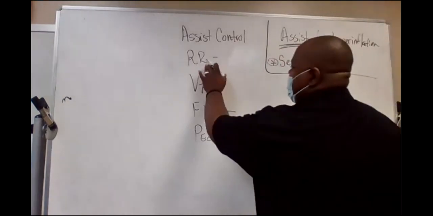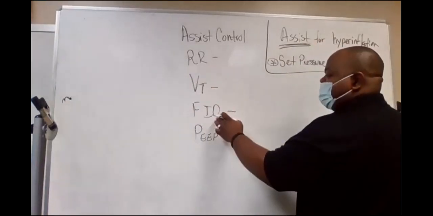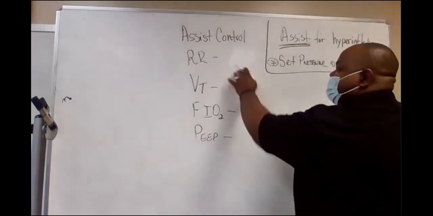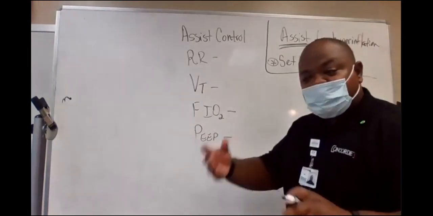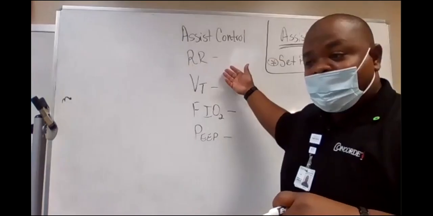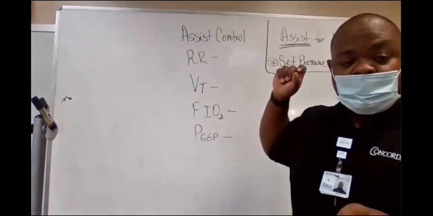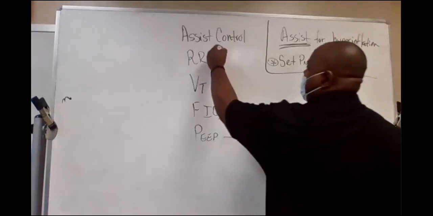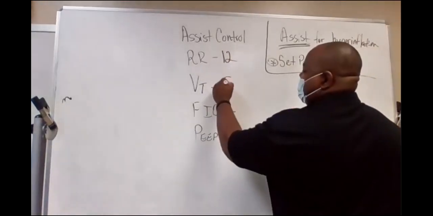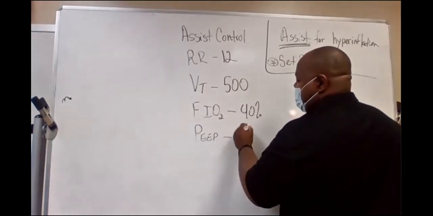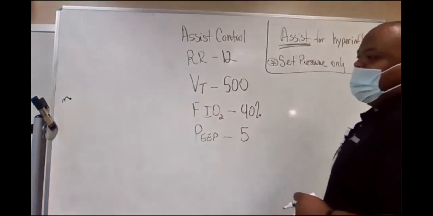So we would give a respiratory rate, tidal volume, FiO2, and a PEEP, okay? In assist control, the patient can trigger breaths on top of what I have set, but if they don't breathe, it's going to give what I have set. So say I got them on 12, 500, FiO2 of 40%, and 5 of PEEP, all right?